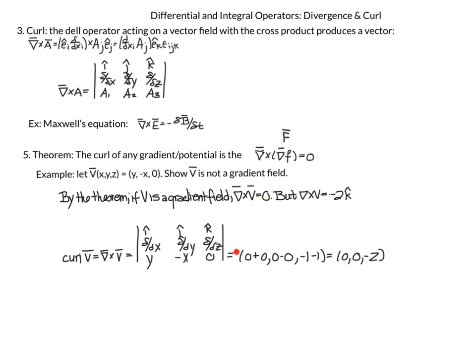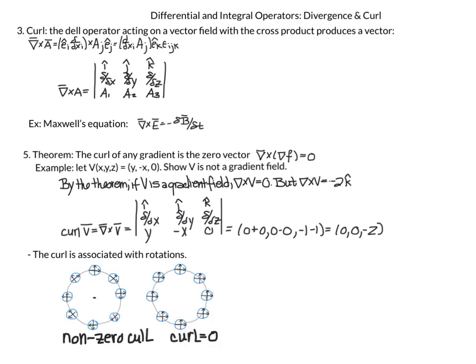But we did this curl in our previous example, and we got the curl of ⟨0, 0, -2⟩. Since the curl is -2 in the k direction, v is not a gradient field. In other words, there's no scalar function f that you can take the gradient of to get this vector field v.